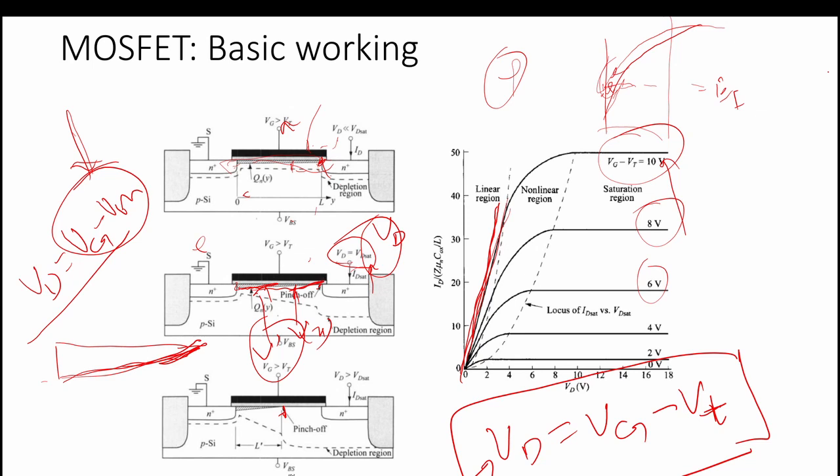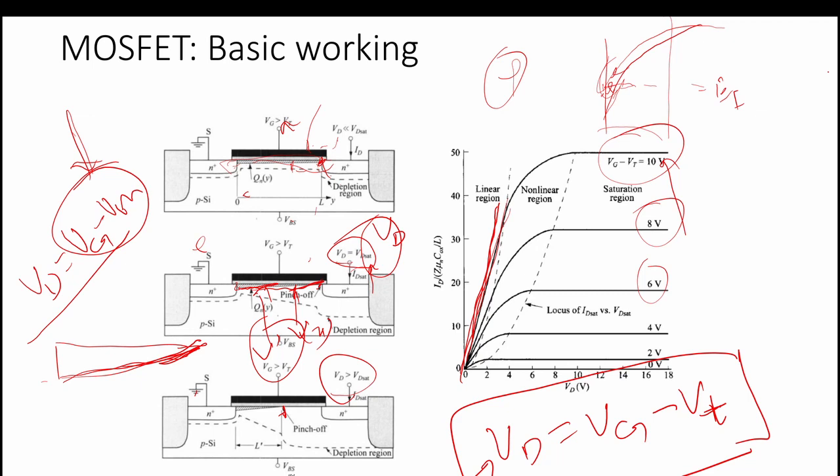As we apply Vd greater than Vd saturation, the pinch off point will move towards the left. So whatever voltage we apply between source and drain won't increase the current.